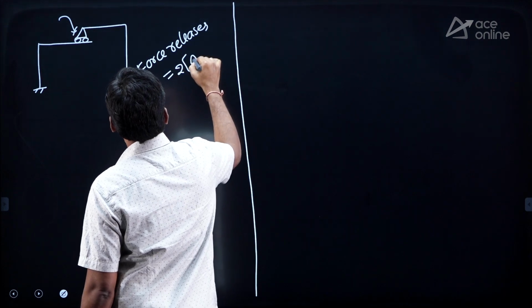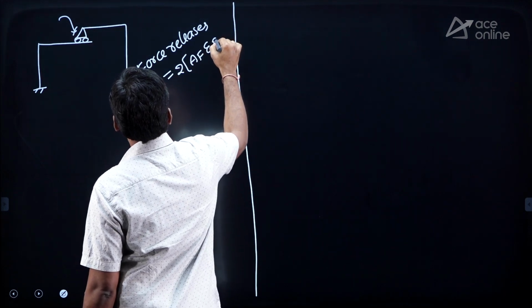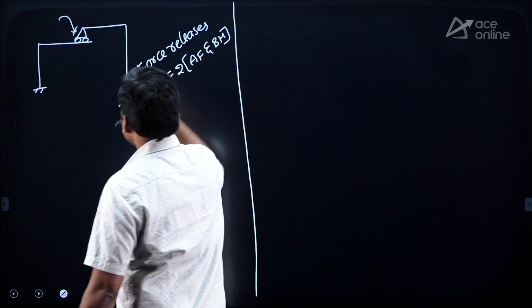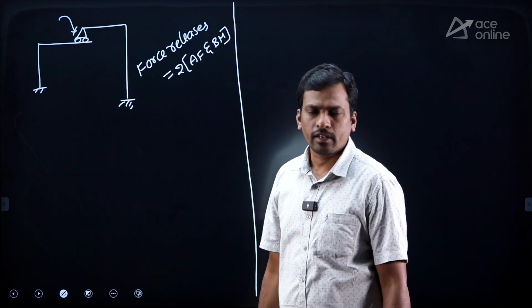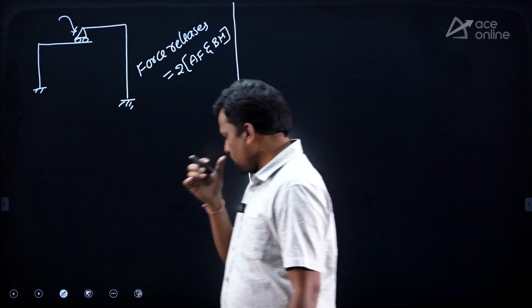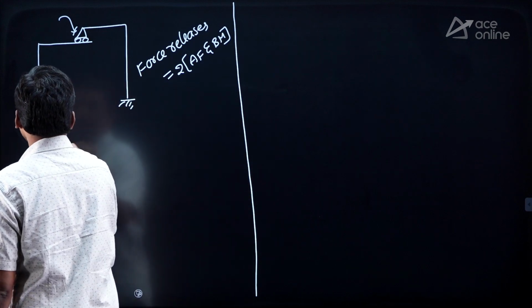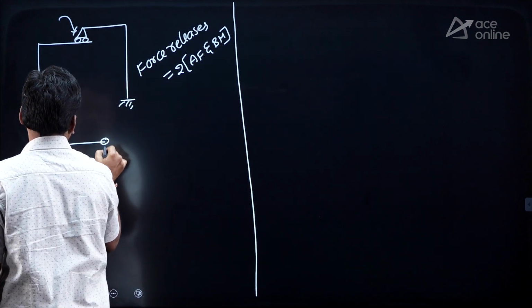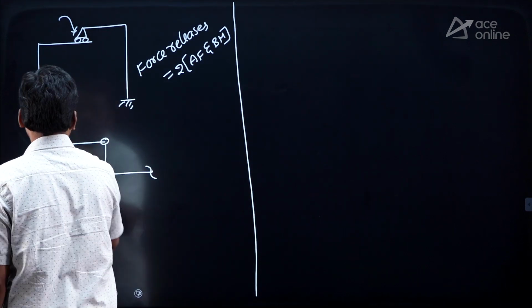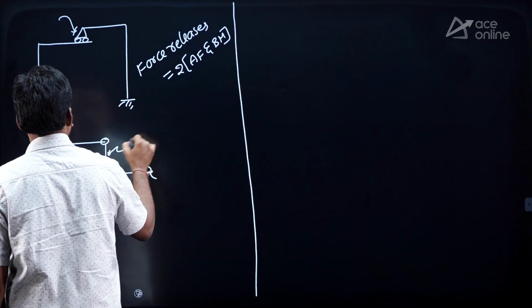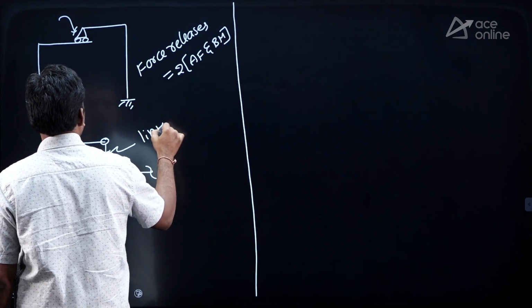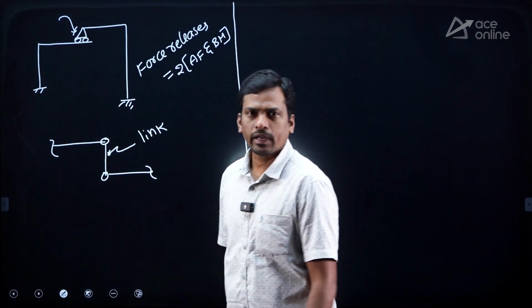What are the two? Axial force and moment. It can resist only shear force, right? Then one more is internal link. This is the link.